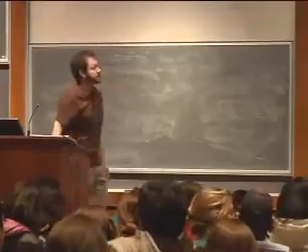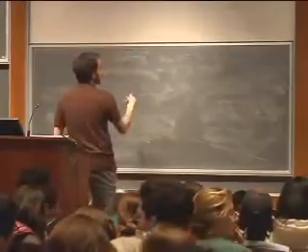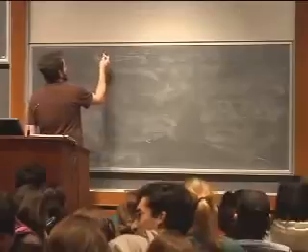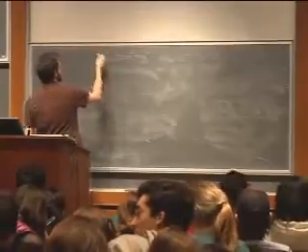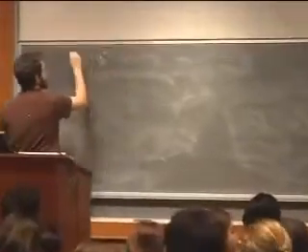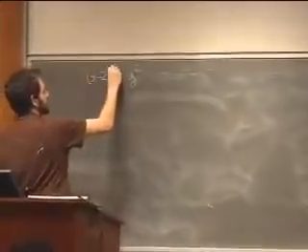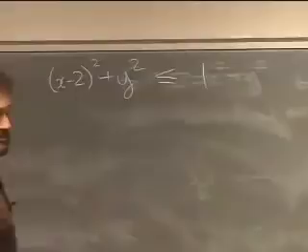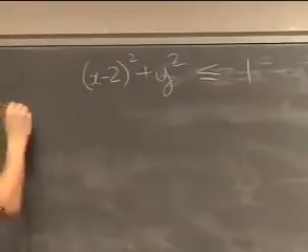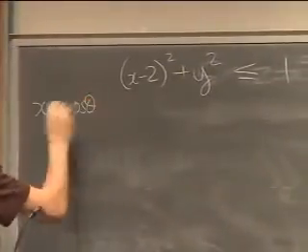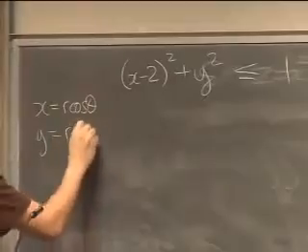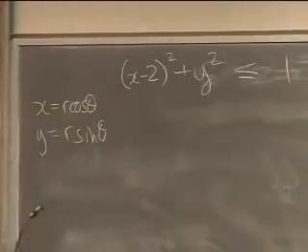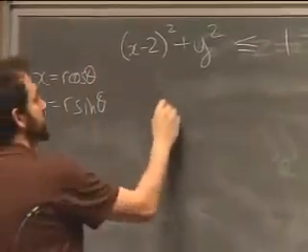We know from our previous discussions that x minus 2 all squared plus y squared is less than or equal to 1. So if you just plug in x equals r cosine theta and y is r sine theta, and forget the geometry of it, you'll find you get the same quadratic.